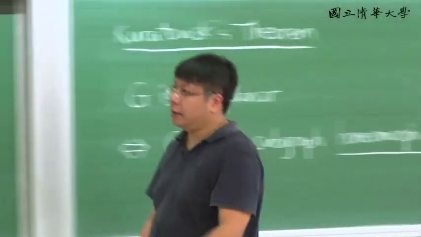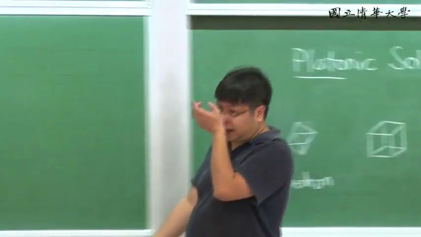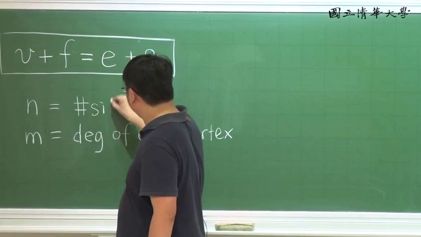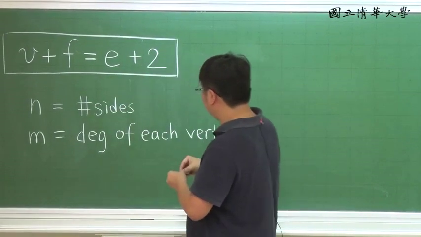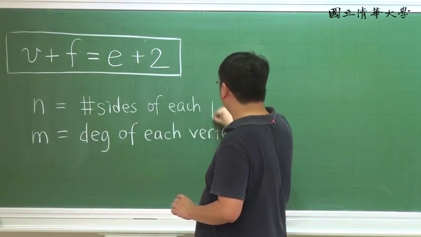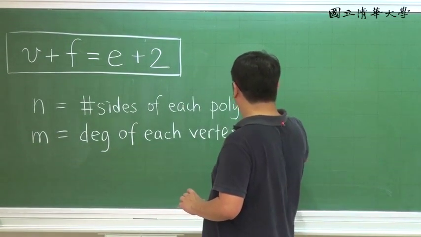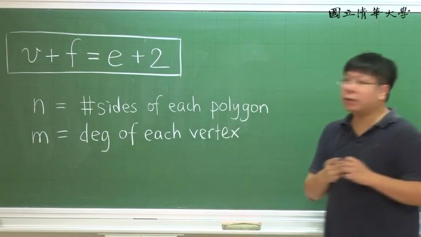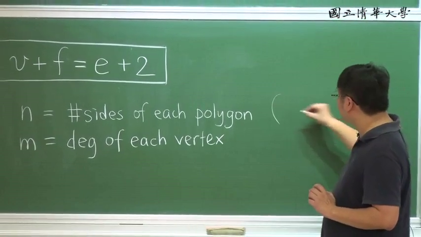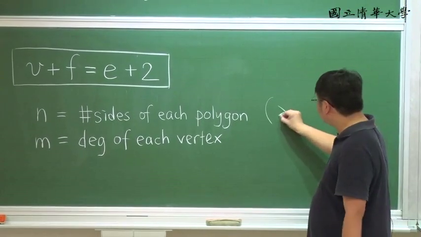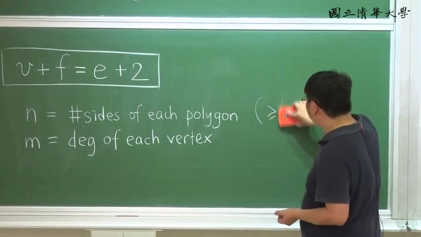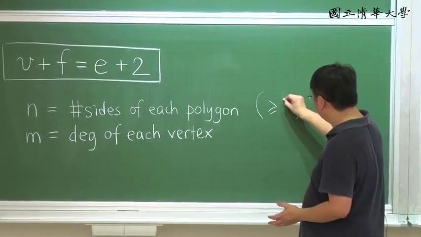And then n is the number of sides in each polygon. First of all, n needs to be greater than or equal to 3.